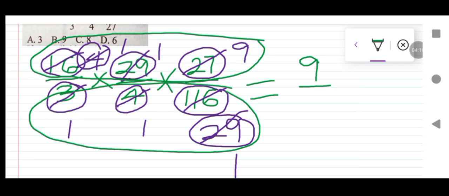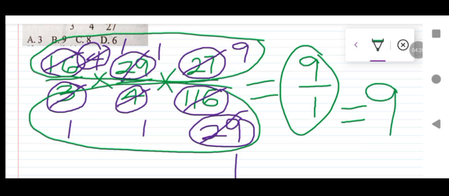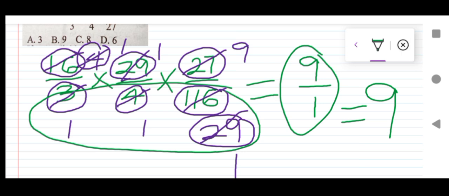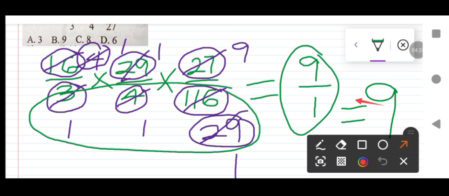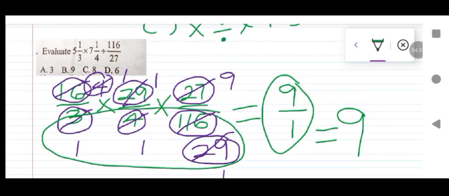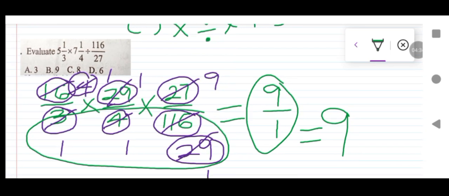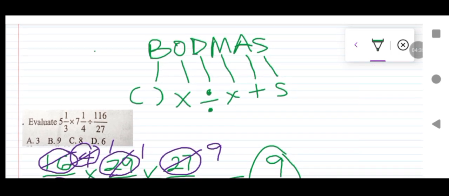So we divide by 1, and 9 divided by 1 is equivalent to 9. Quickly, let's check our result. You agree with me that option B is very much correct for what we have just done. And that's just the importance of BODMAS.